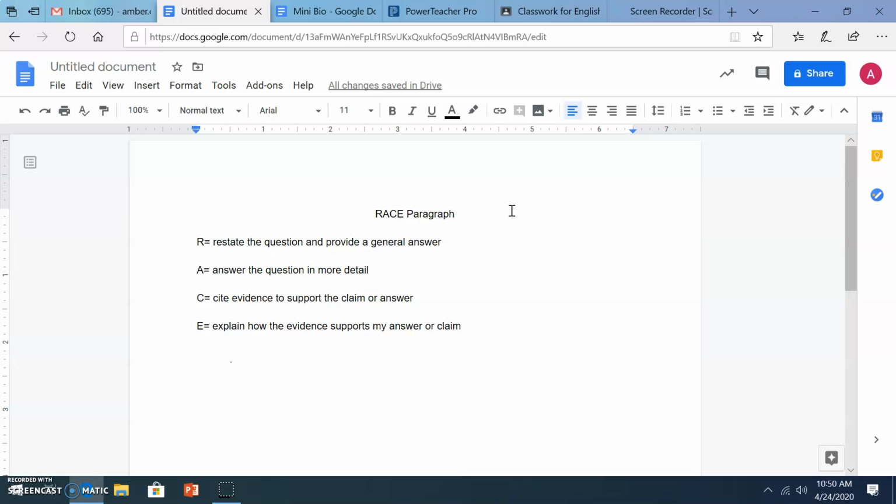So I'm going to say an example of imagery in The Adventures of Tom Sawyer is when the author describes the character Huckleberry Finn.